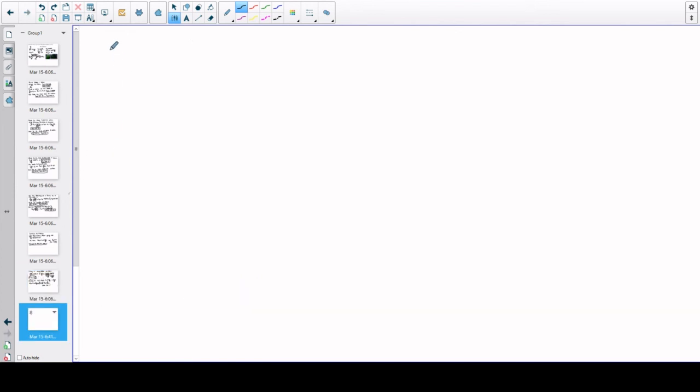We've got to insert a new page. We get that to be equal to that division: 5 times 10 to the 6 BTUs per hour divided by that quantity. I think I write it out.